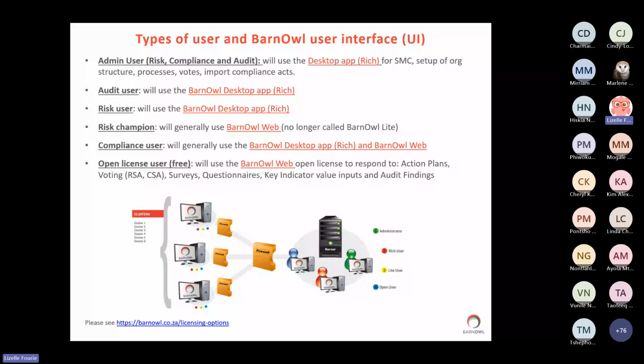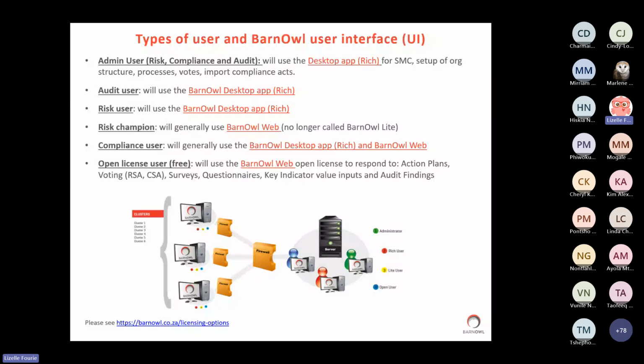Then you get just a normal audit user, which is not an administrator, but an audit user, and they will also use an audit license, which will give them permission to go into the BarnOwl desktop app. Just below that, you then get a risk user, which is then a risk license. Again, we refer to those as a rich risk license because it allows you to go into the BarnOwl desktop app.